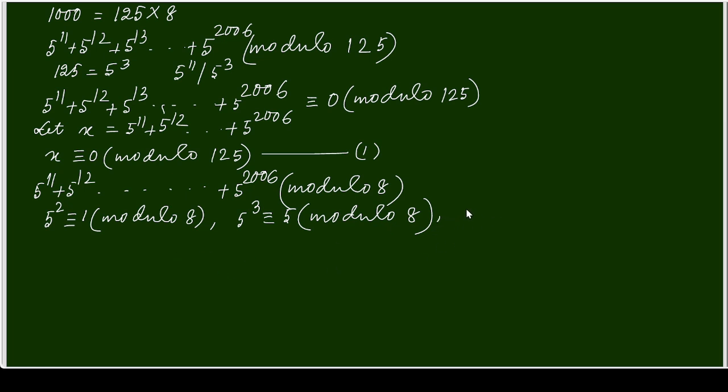So 5 to the power 2k, where k is any natural number, is congruent to 1 modulo 8, and 5 to the power 2k plus 1, that is odd, is congruent to 5 modulo 8.